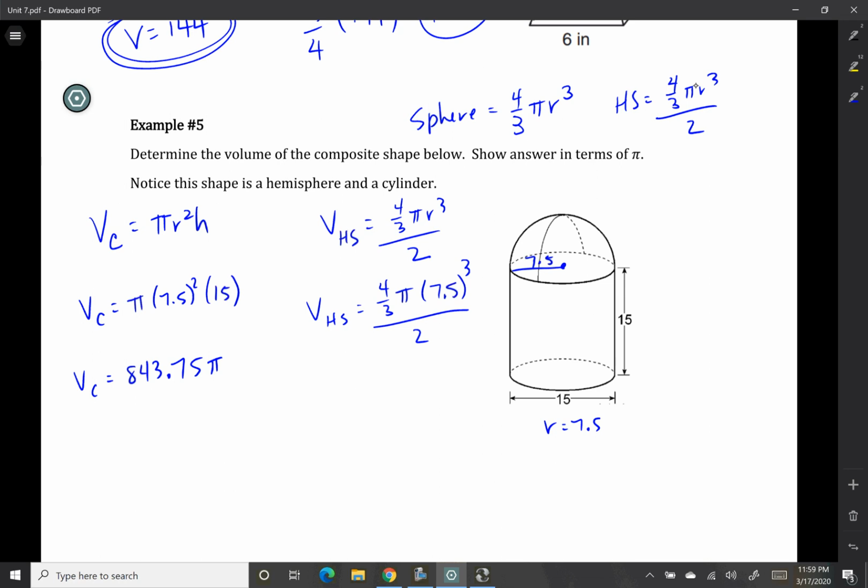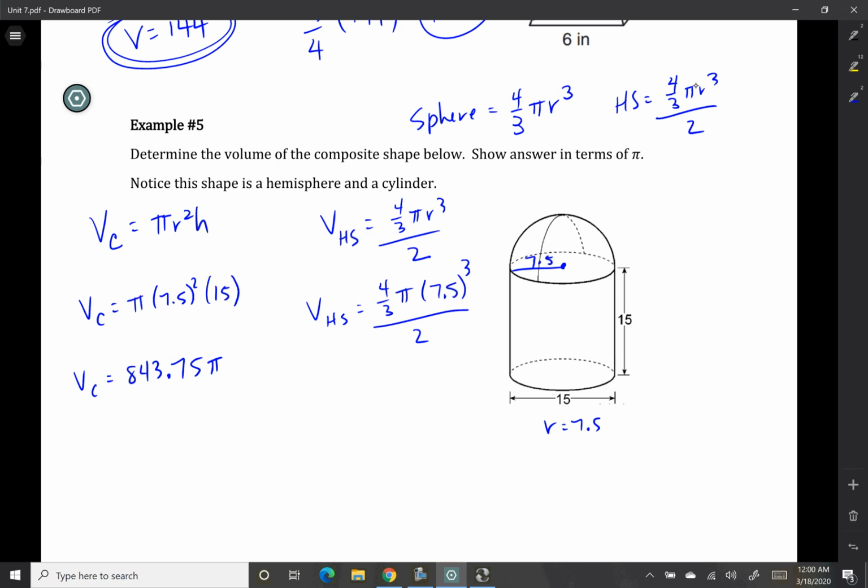Now to plug that into your calculator, just be careful, all right? I actually am going to do it in 2 steps. So I'm going to type in 4/3 times 7.5 cubed. And I'm going to hit enter. That gives me everything that's not divided by 2.